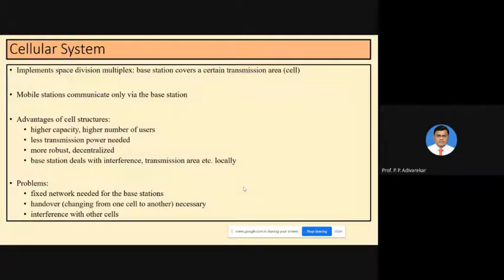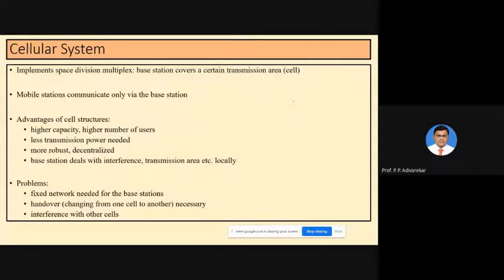In the previous slides we have seen that for communication we require network coverage, and we need an antenna to provide that coverage, because without that it will not be possible. That antenna should have the capability to cover a certain area. So we have assumed an antenna called an isotropic radiator, which transmits with equal power in all directions.